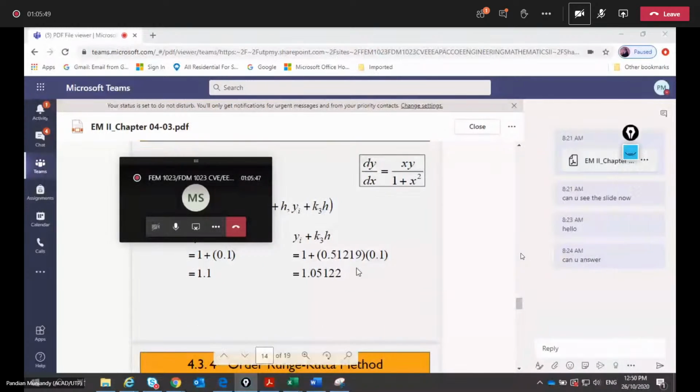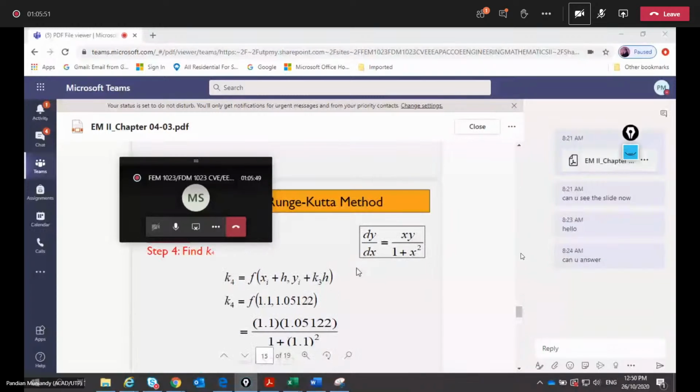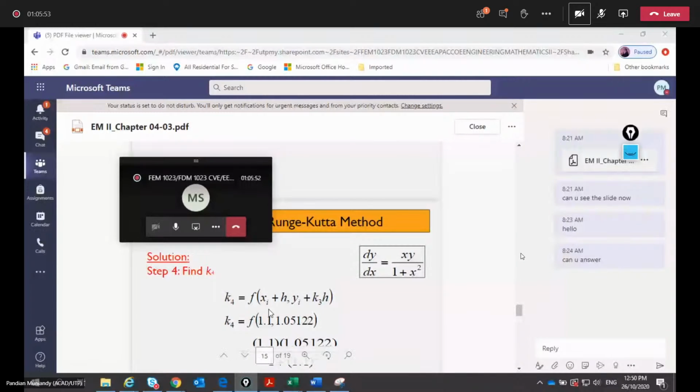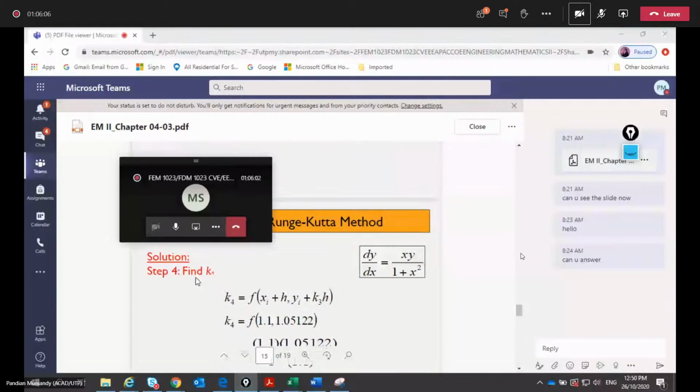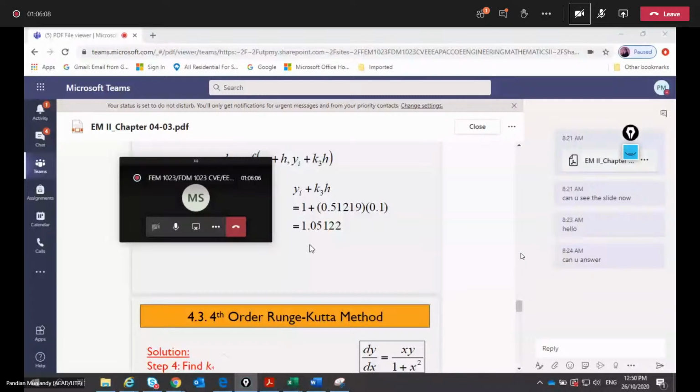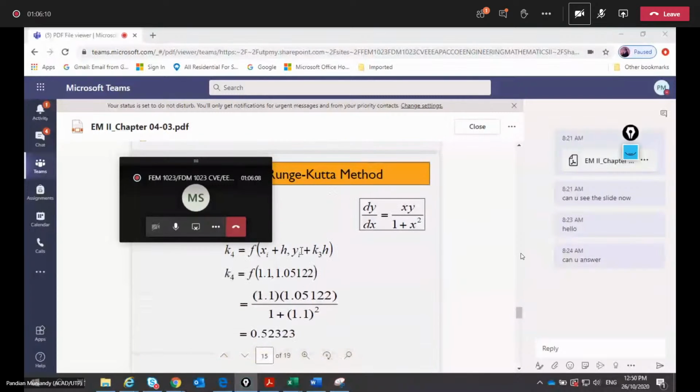So K4, the calculation goes like this: f(xi plus h, yi plus k3h). xi plus h is 1.1, from here. And your yi plus k3h, you already knew, 1.05122.